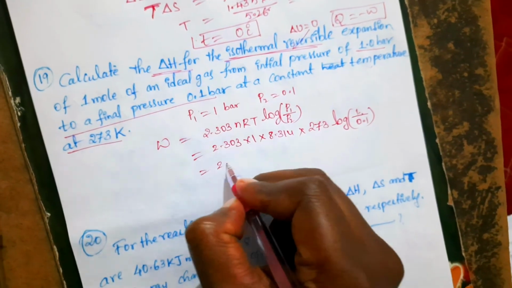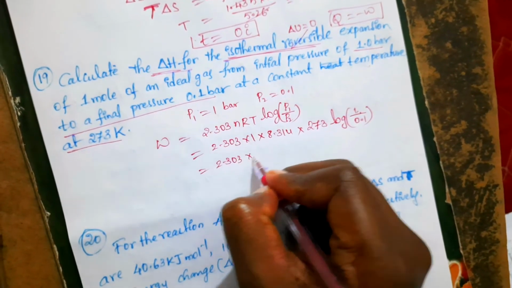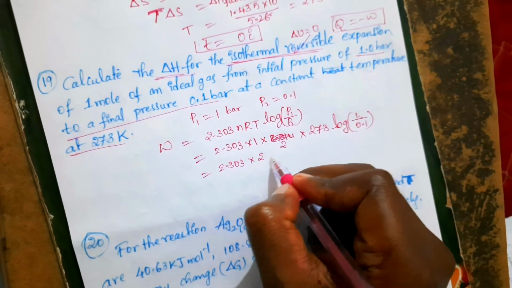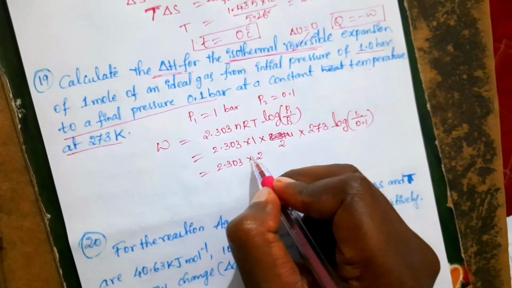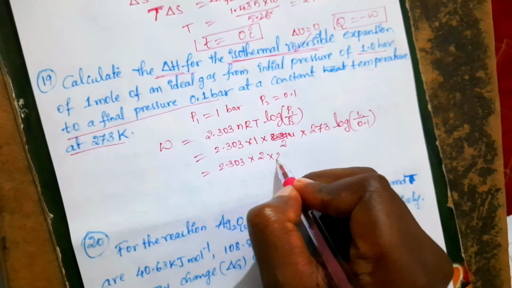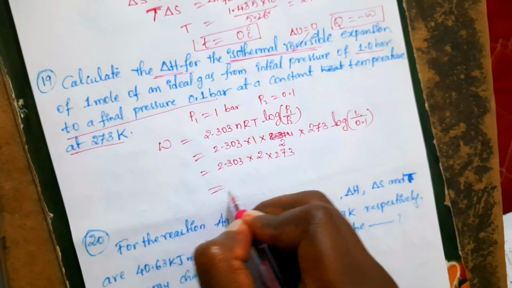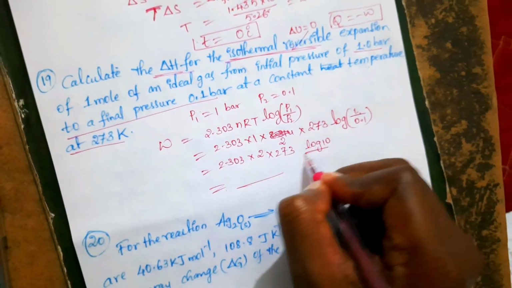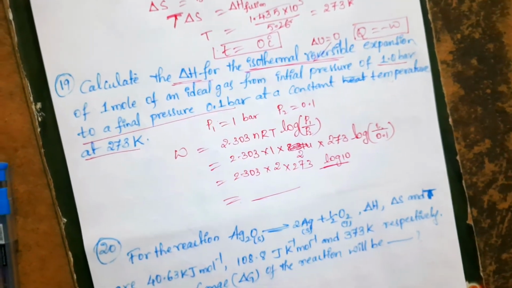Or just take it in terms of calories, so that is 2.303 into 1 into 2 into 273. You do this multiplication and you will get the answer. Log 10 is 1.